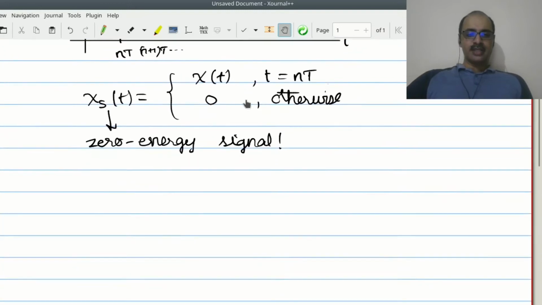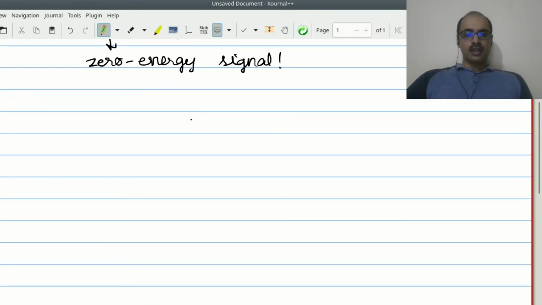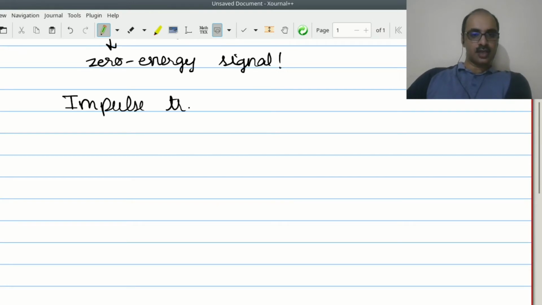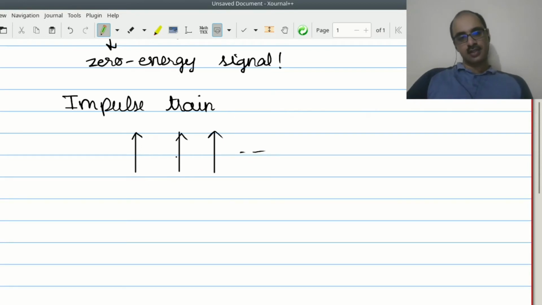So what do we do instead? As you may have seen in signals and systems, we use the helper function, the so-called impulse train, which uses several delta functions in series and so on at regular intervals.